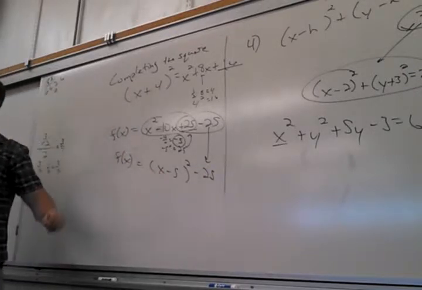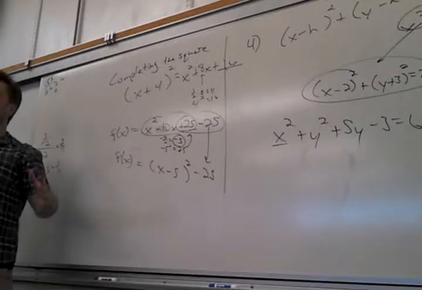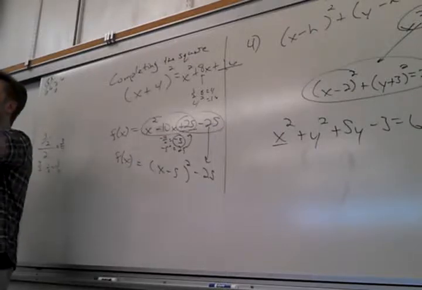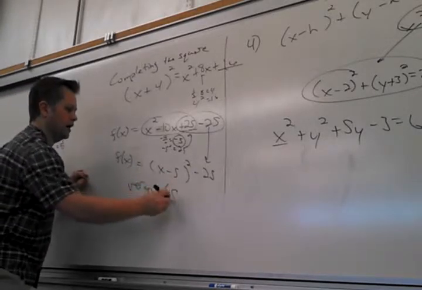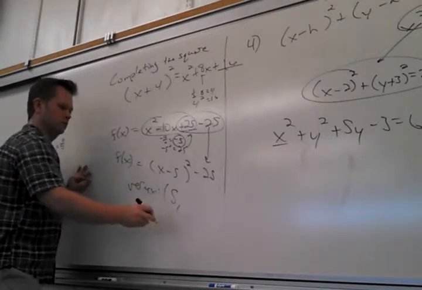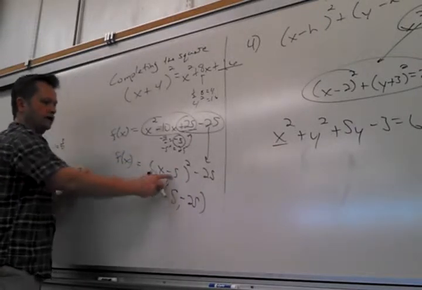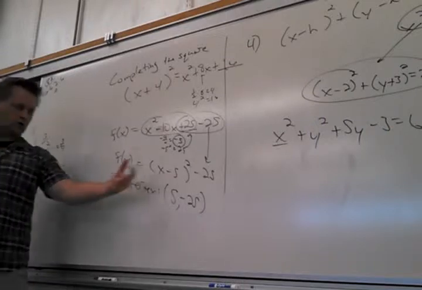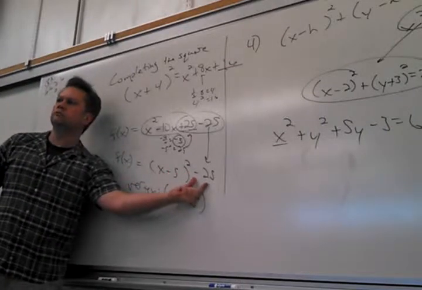Where's the vertex? Think about the shifts. The vertex is normally at 0, 0. Where's it been shifted now? It's been shifted down 25. That's why the general form of a parabola is y equals x minus h squared plus k.